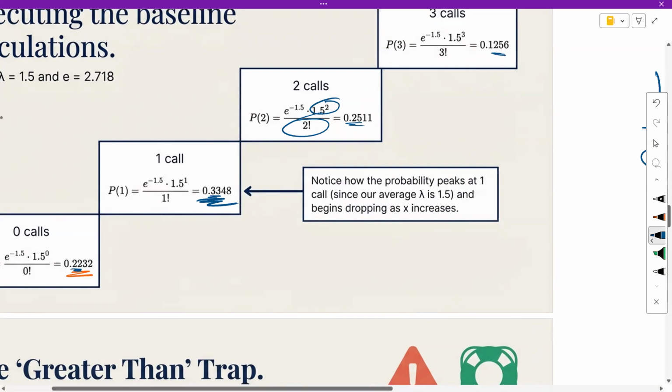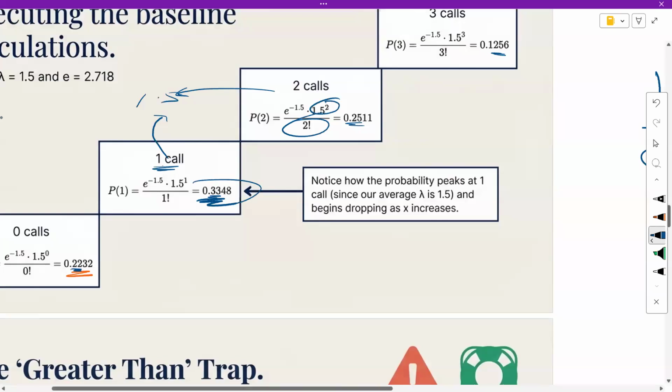The number of calls approaches the average, 1.5. The call here approaches the mean.